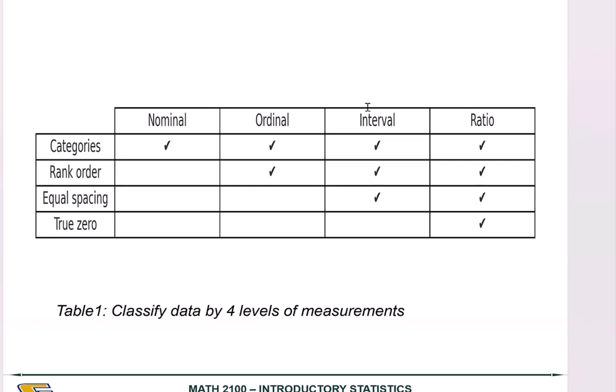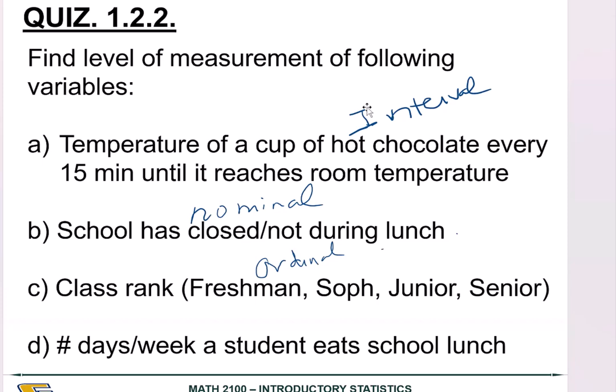Equal spacing: you can take differences, 2 days and 1 day differ by 1 day. And a zero: a person who eats 0 days a week doesn't have school lunch. So this is a ratio. It's more complete data, and the more complete your data is, the more statistical tools are available for you.